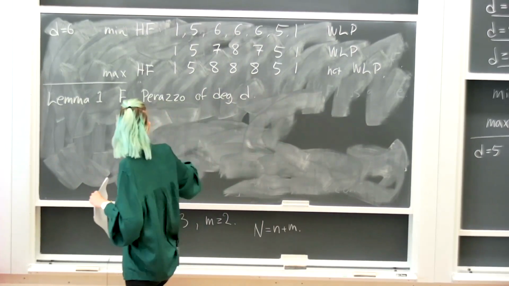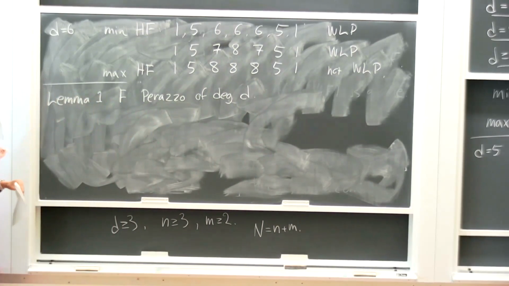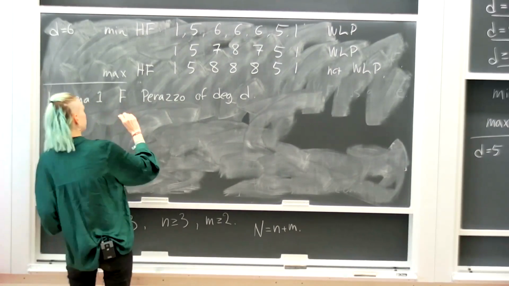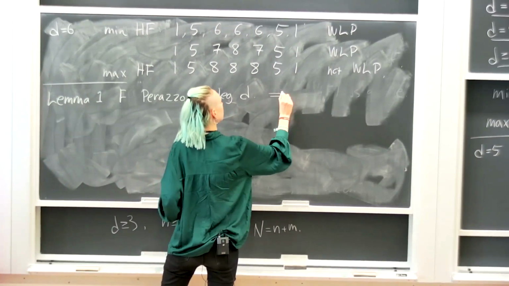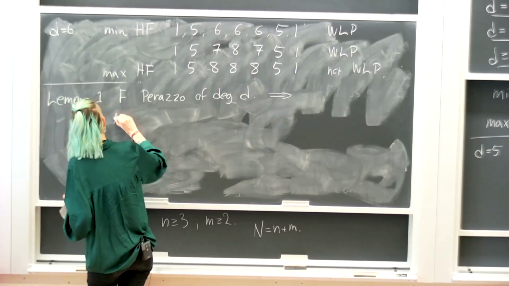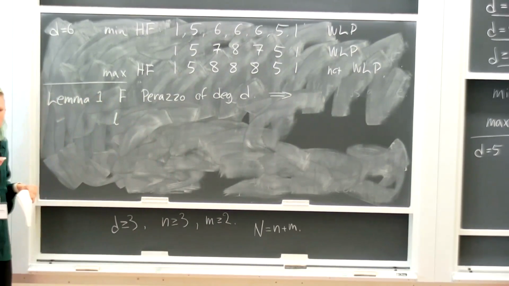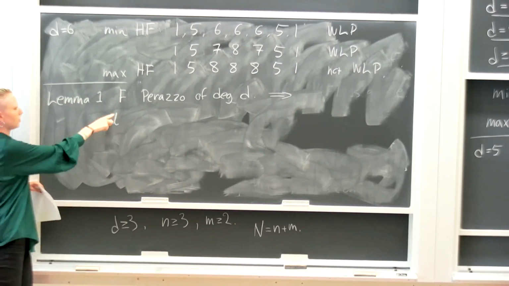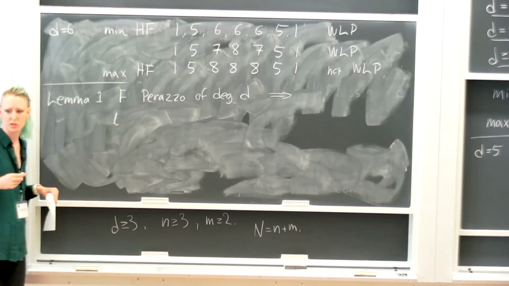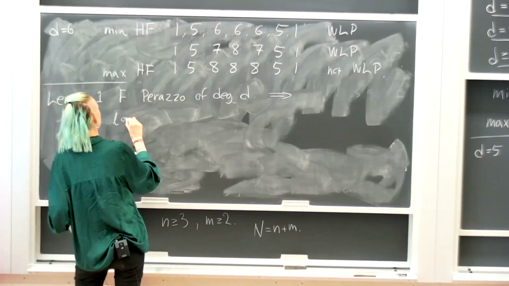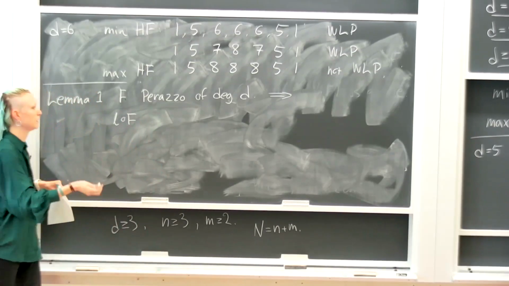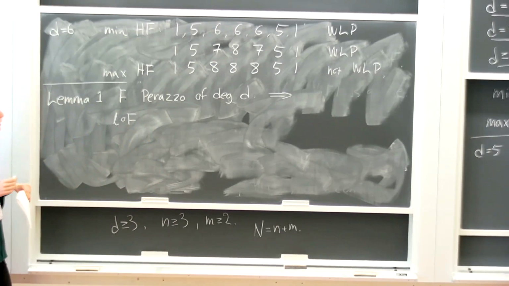So let's say I have a Perazzo polynomial f of degree d, and then I take a general linear form and I act on f by differentiation, which gives me a polynomial of degree d minus 1. And this one is also going to be Perazzo.